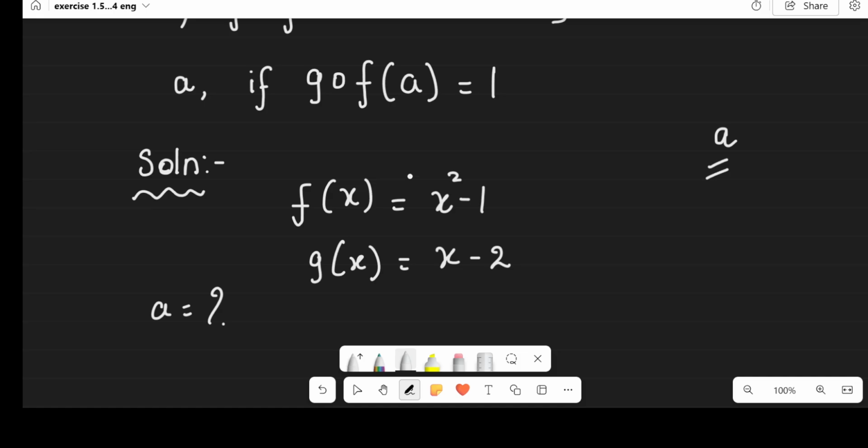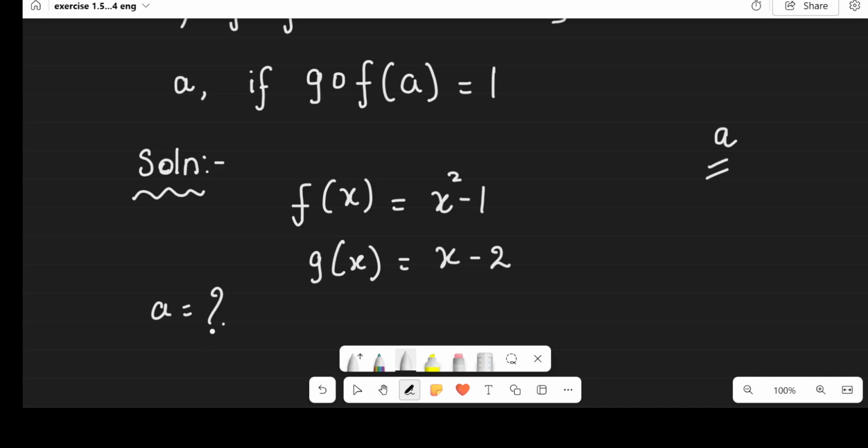It's a variable. We can change the variable. We can substitute any letter instead of x.